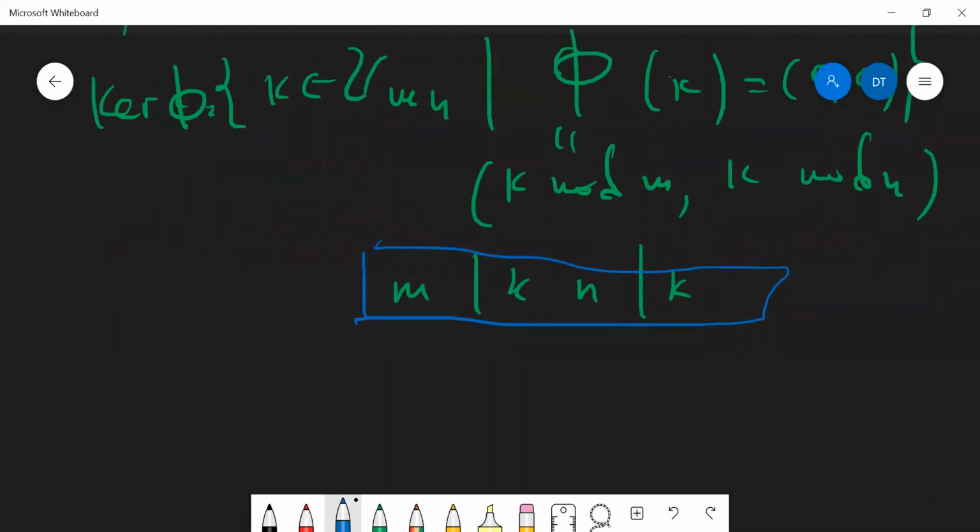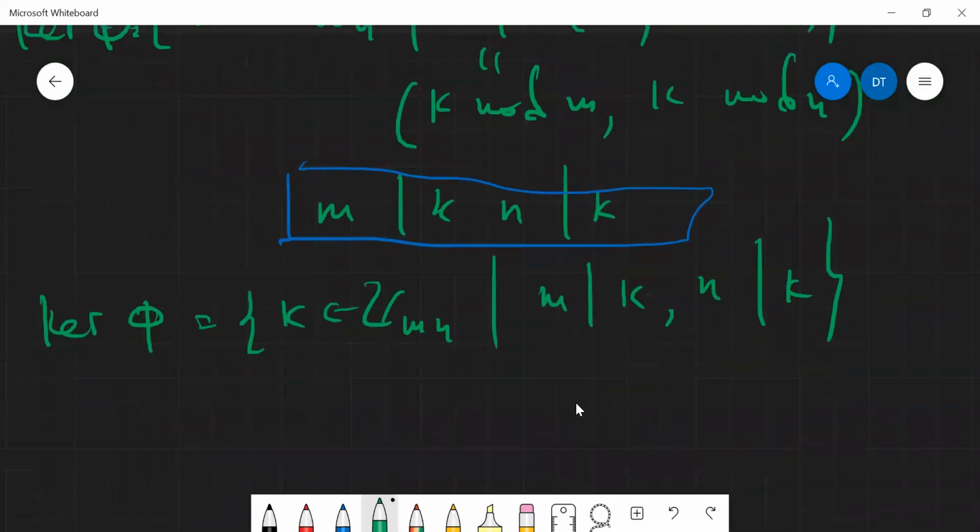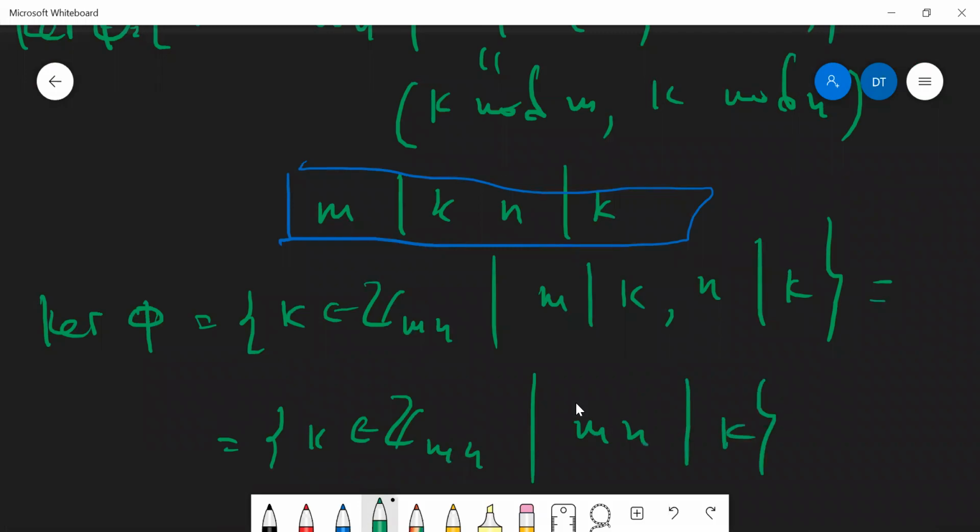So let me rewrite it here. The kernel of phi is equal to all the remainders in Zmn such that m divides k and n divides k. But now, since m and n are co-prime, this is exactly the same as all remainders here such that the product mn divides k.